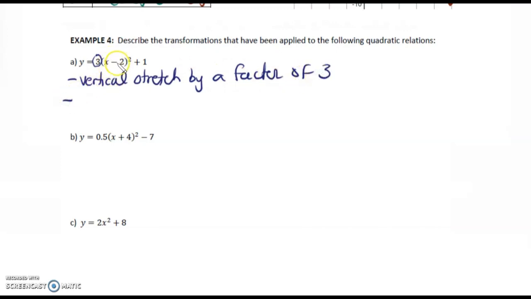Okay, inside the bracket, remember it looks like a negative 2, but it's actually positive 2 that is the h value. Okay, so this is right 2 units. Okay, that's that one. And then trailing behind the squared symbol is a plus 1. That's going to be up 1 unit.